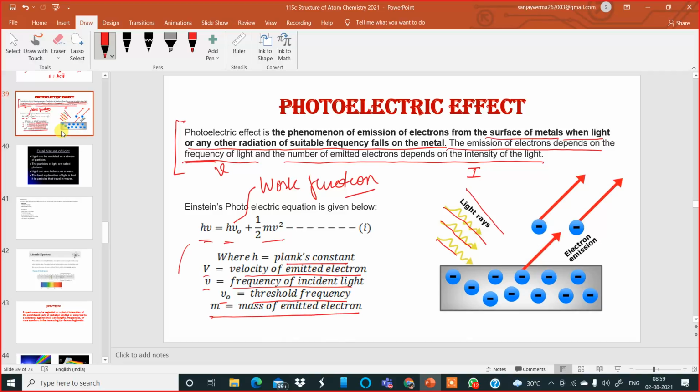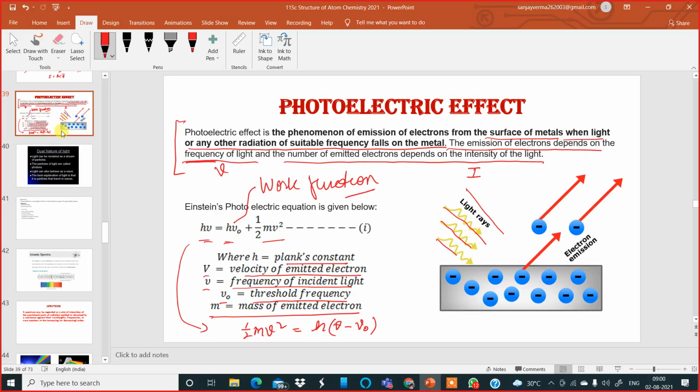This relation can be modified in this manner also. Half mv square can be written by making h common, so we get h(v minus v0). This equation is also known as Einstein's photoelectric equation.